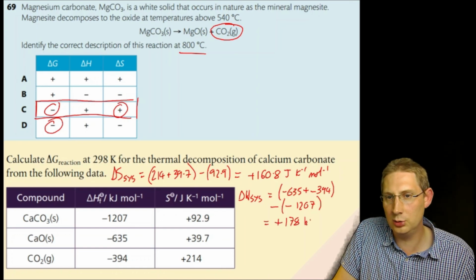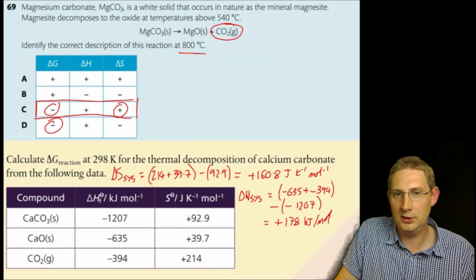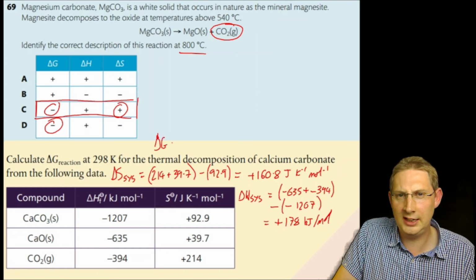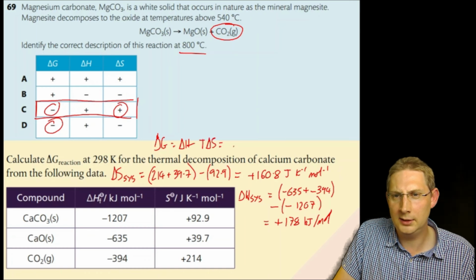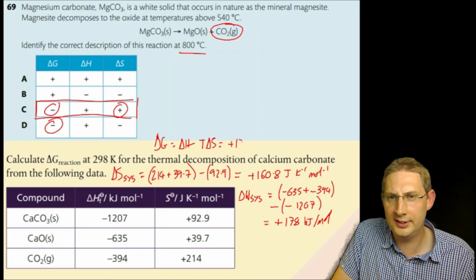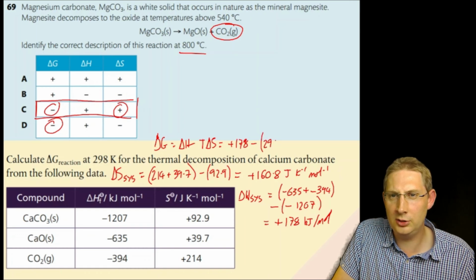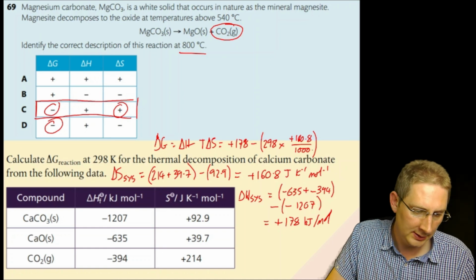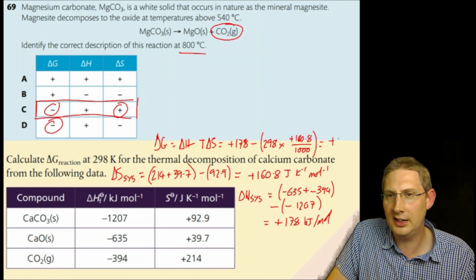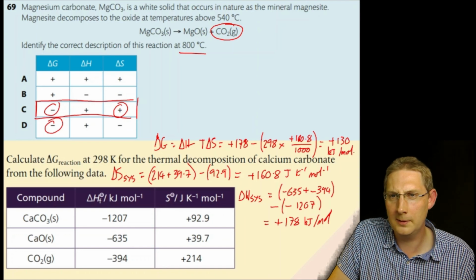178 kilojoules per mole. So moving up here, deltaG equals deltaH minus T deltaS, which equals plus 178 minus 298 times the entropy, plus 160.8 over 1,000. We've got to convert that into kilojoules, and that equals plus 130 kilojoules per mole.